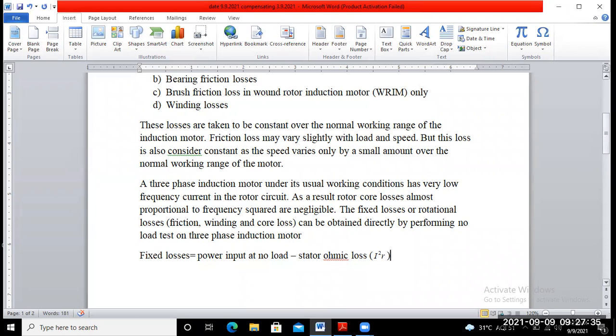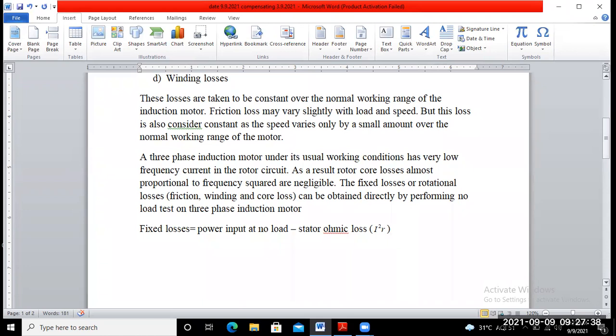Either you may use the notation R1 for the stator and R2 for the rotor resistance. Here I represent the stator resistance by small r. That's why I have put here I square R loss at the no load condition.